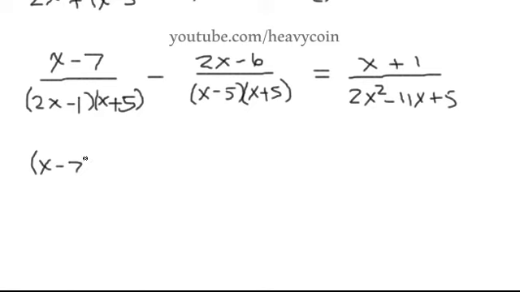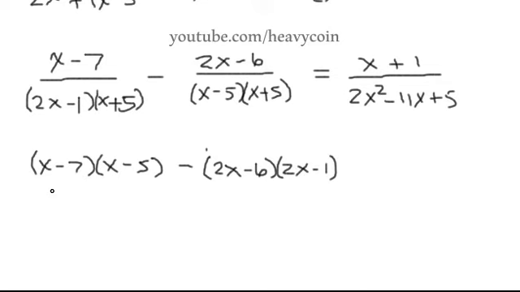So we have x minus 7 times x minus 5, minus, and we don't have a 2x minus 1 down here, so that means we're going to multiply 2x minus 6 times 2x minus 1, and now we're going to write the denominator, which is pretty nasty, because we're going to have 2x minus 1, x plus 5, and x minus 5.